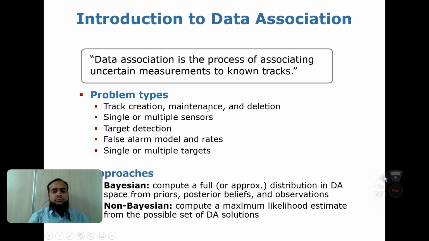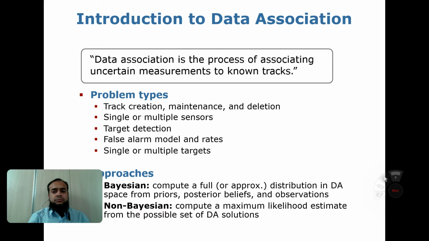For example, if the initial probability is initialized with 0.01, when we apply the association technique and update the target existence probability, it could be increased. It could be increased based on the detection of the measurements, and on the measurements being detected and originating from the target.